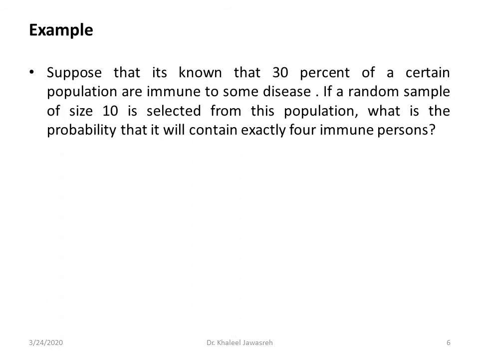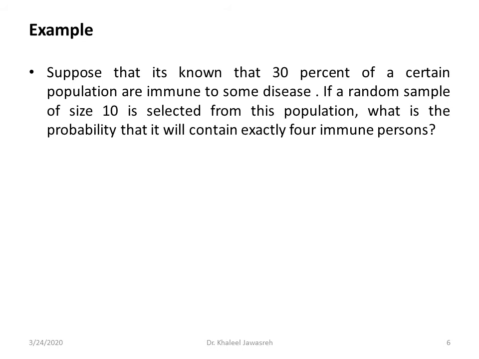So, I have an example here. Suppose that it's known that 30% of a certain population are immune to some disease. If a random sample of size 10 is selected from this population, what's the probability that it will contain exactly 4 immune persons?